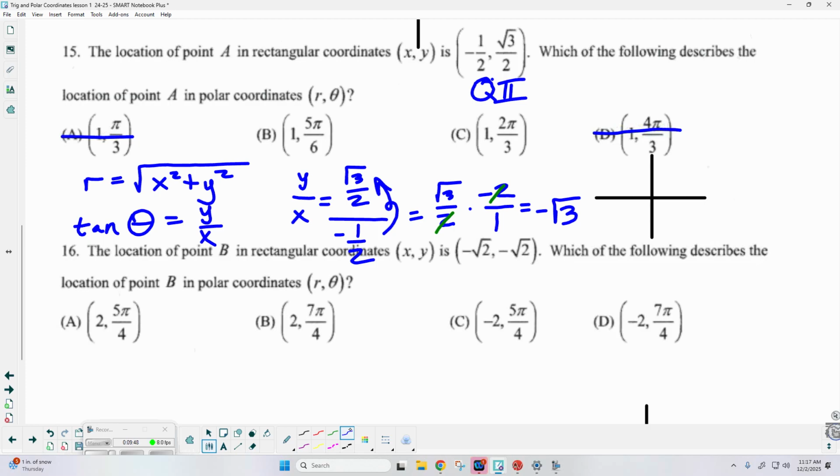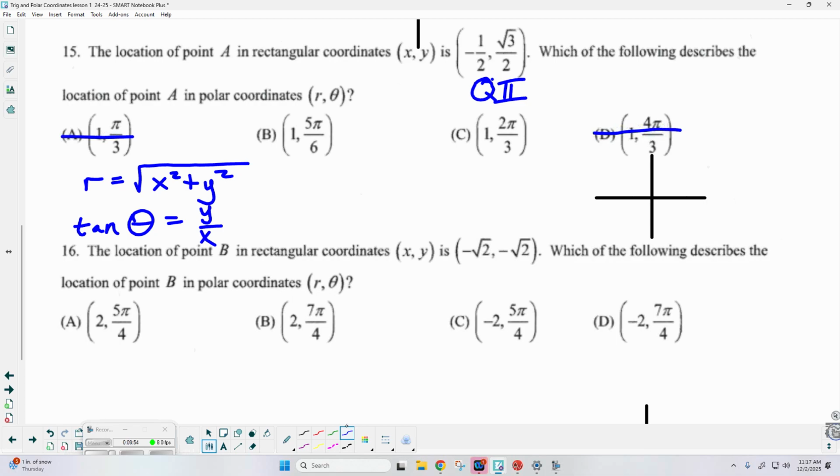Now remember, we have to use the inverse to find that angle. So here's what I'm working with. Tangent inverse of that negative square root of 3 has to give me theta. Quadrant 1 or quadrant 4? Four.